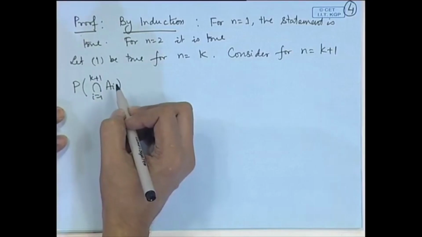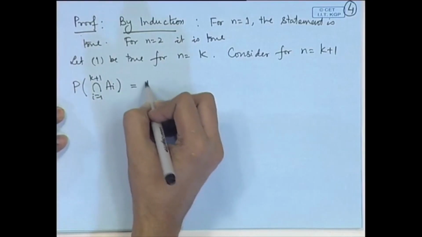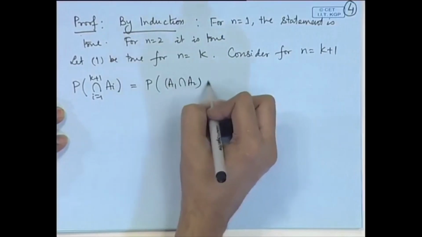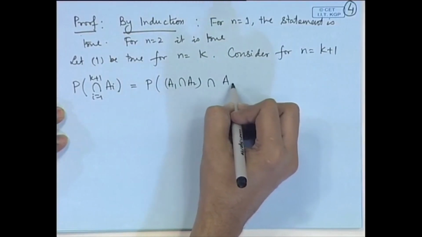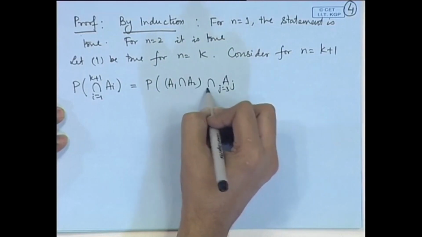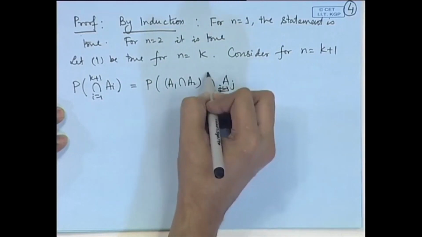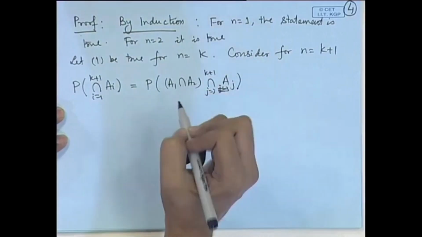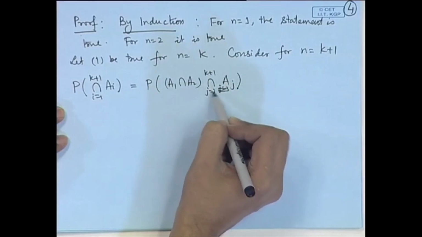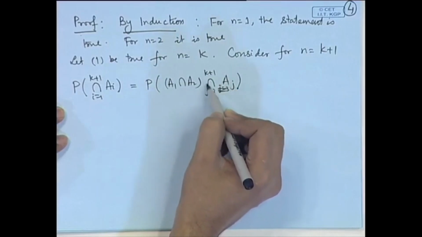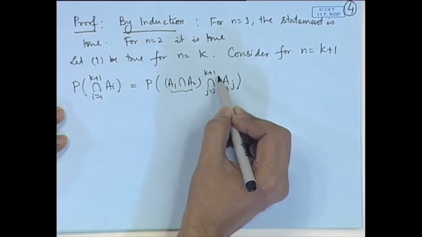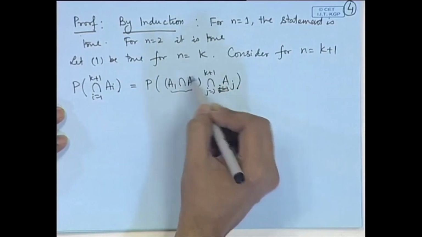Now, this one we can express as probability of A1 intersection A2 intersection Aj, j equal to 3 to k plus 1. So, here if you see in the intersection, these are k minus 1 sets and this is 1 set. So, this is total k sets, and we have made the assumption that the statement is true for k.